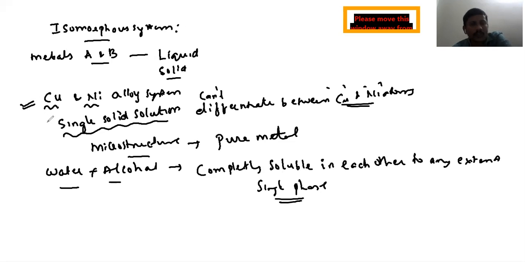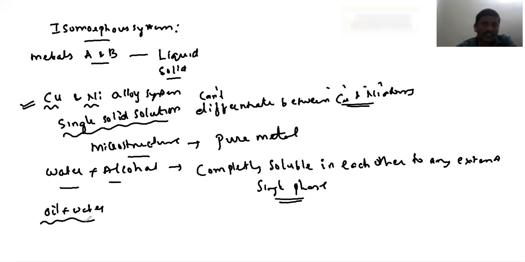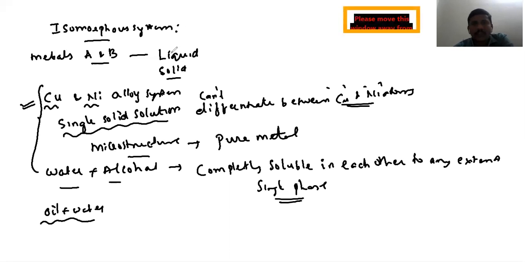Suppose you consider mixing oil plus water; they will not mix with each other. They are not soluble in each other. So basically we are talking about the solubility of one component in the other, right? Suppose you consider a silver and gold alloy. They are also soluble in each other, and they form a substitutional solid solution.